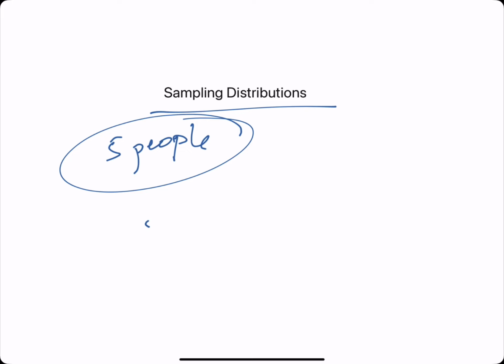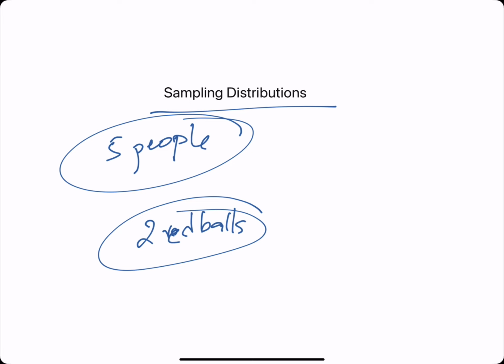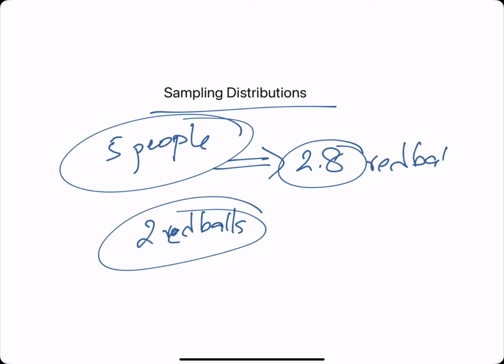If you remember, we got the average as 2 red balls in that experiment. Now, if we repeat this with 5 people, suppose we get an average of 2.8 red balls per person.